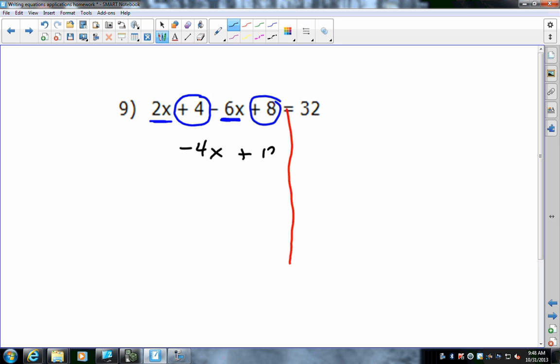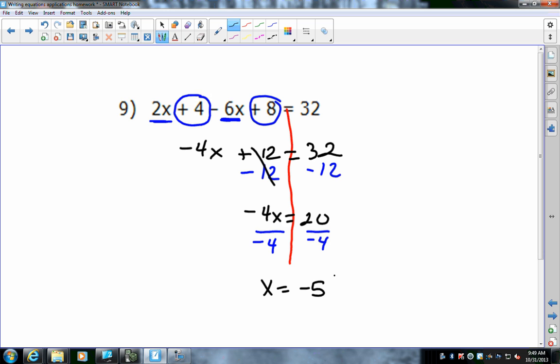I was supposed to add them together. It should be 12. I looked over here and saw that 32, so it's supposed to equal 32. 4 plus 8 is 12. Now you're going to subtract 12 from each side. Negative 4x equals 20. Divide by negative 4. X equals negative 5.